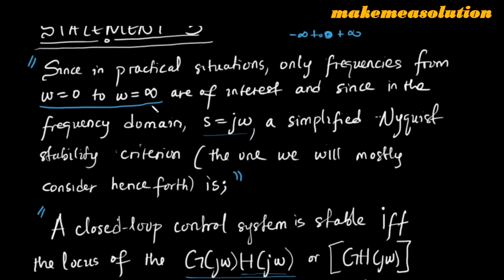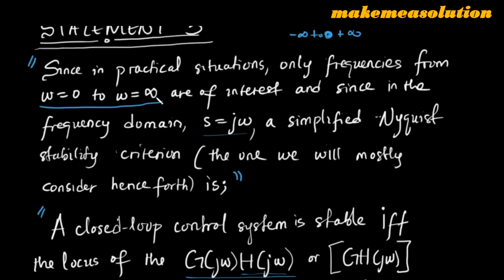And the reason we do that is because when we consider frequencies from 0 to infinity, we can assume that the behavior from -infinity to 0 will be the mirror image of whatever happens from 0 to infinity. So there is a mirror effect, a mirror image that I'm going to show you later. Is that okay?